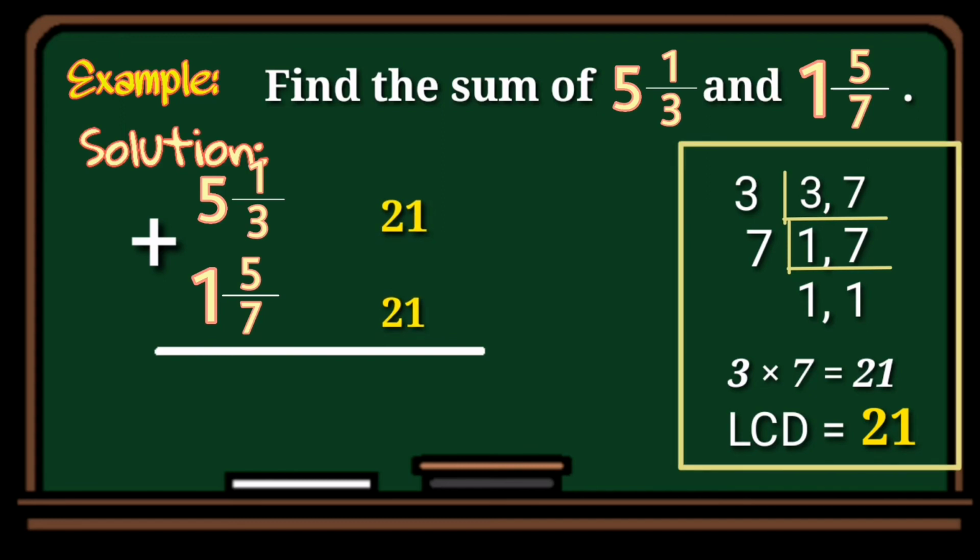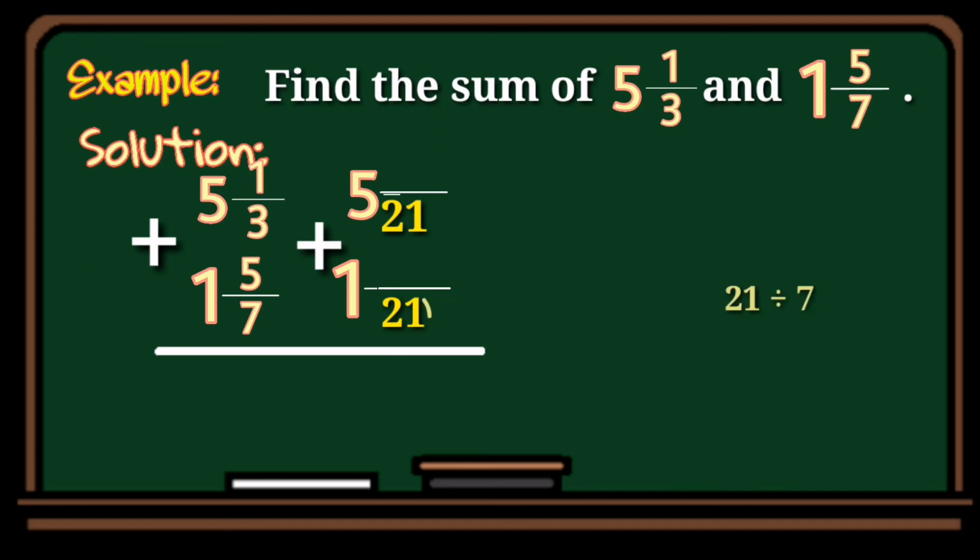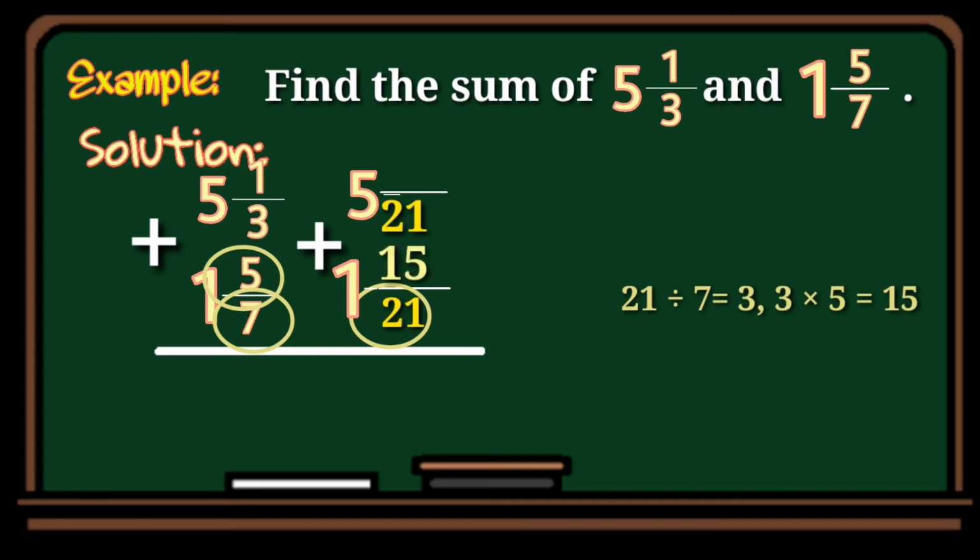And that 21 becomes our least common denominator. So given the least common denominator 21, we rename the fractions as equivalent similar fractions. But before we change them to similar fractions, let's copy first the whole numbers before the fraction. So we will put 5 and then fraction bar, and then plus 1 and fraction bar. And then 21 divided by 7 equals 3. 3 times 5 equals 15.